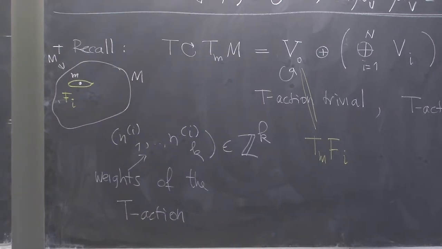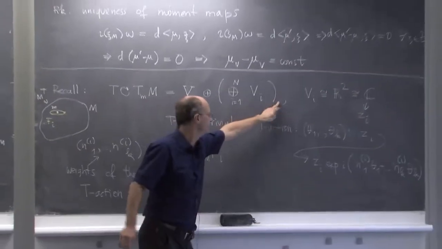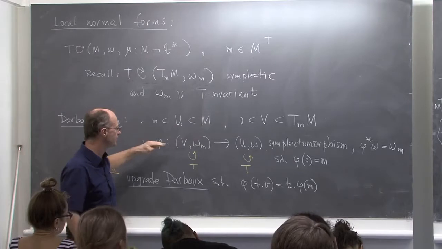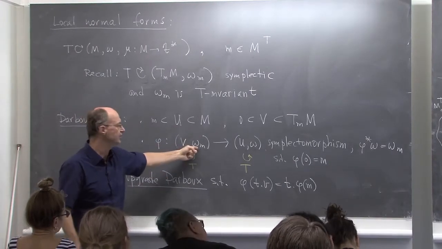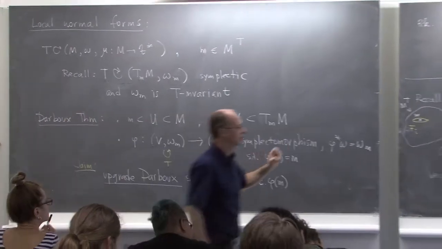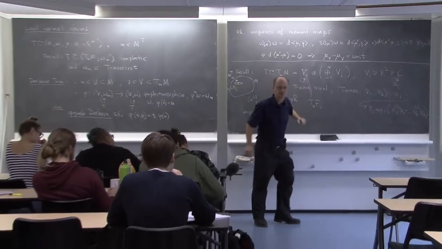Right. But now there is a question. We have this nice picture for the T action, and we have a symplectic structure on our vector space. The question is whether they are talking to each other. So can we make it more precise, how this symplectic structure looks with respect to this decomposition?